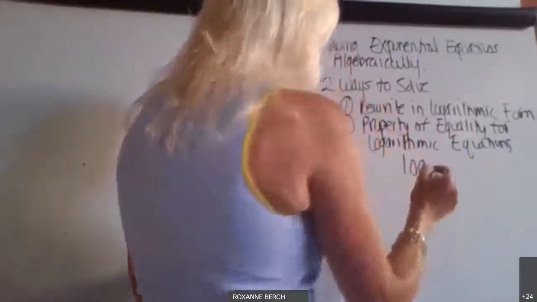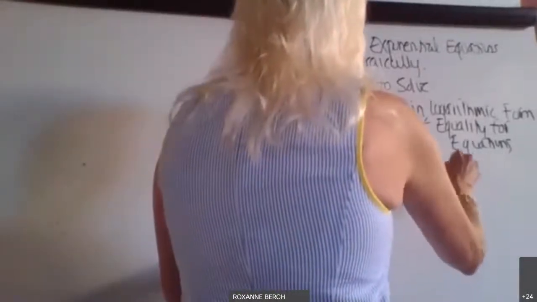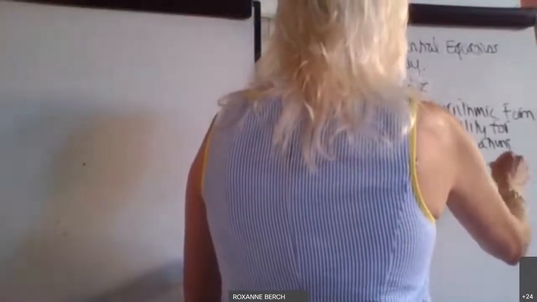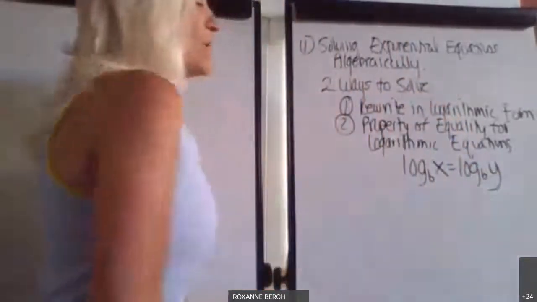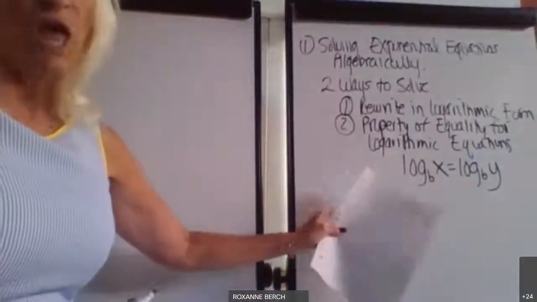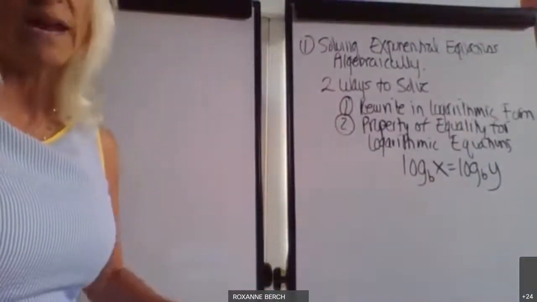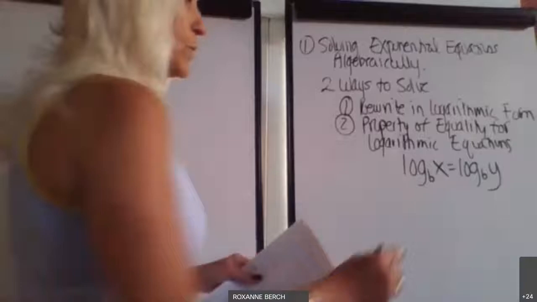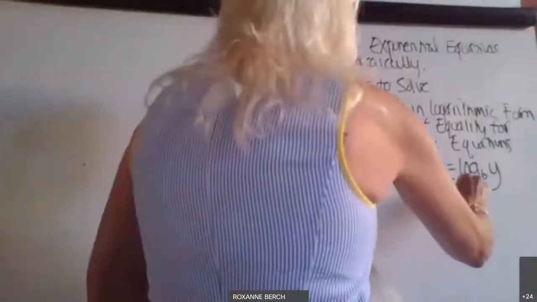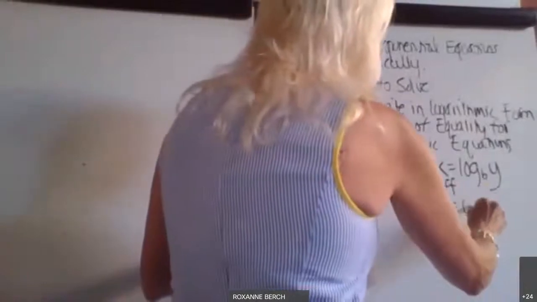I've never given this to you, but there's one that looks like it. It's log base b of x is equal to log base b of y. Now, if you have two logarithms with the same base that are equated, the rule says that you can drop off the logs and say x is equal to y. So that's the property of equality.